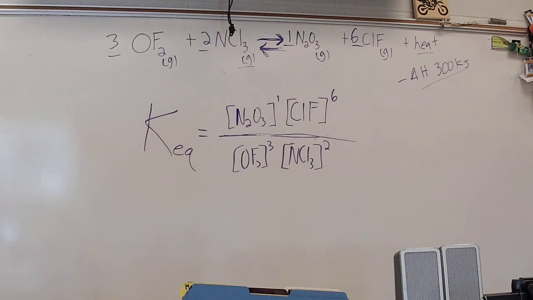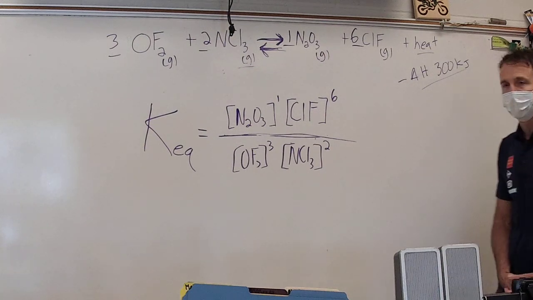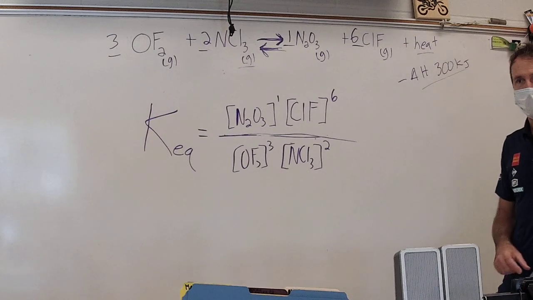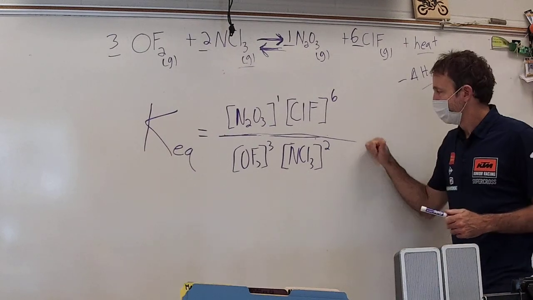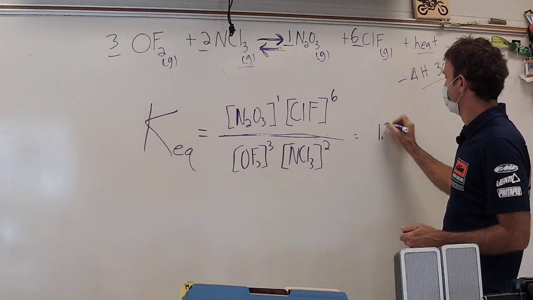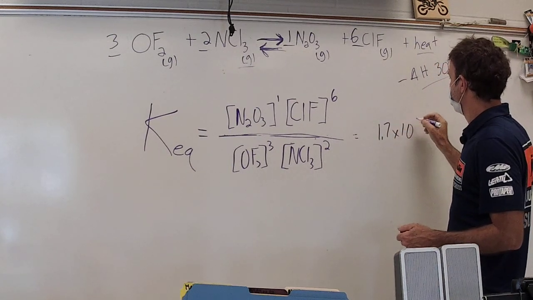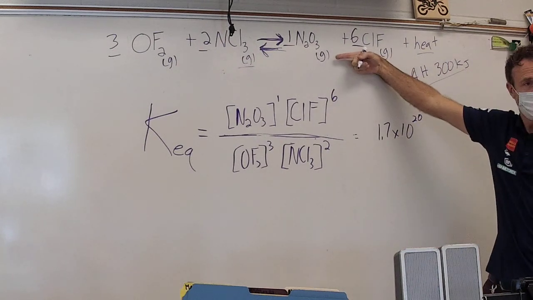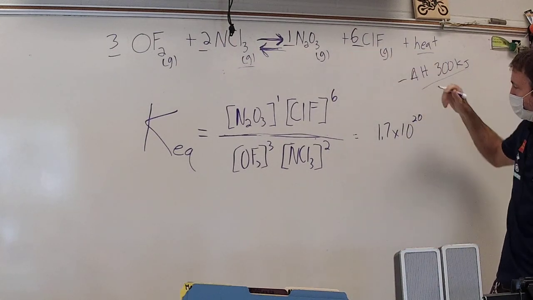It is usually a very large or a very small number. If this number comes out to be something that's very, very large, like 1.7 times 10 to the 20th, then this reaction would favor the products.